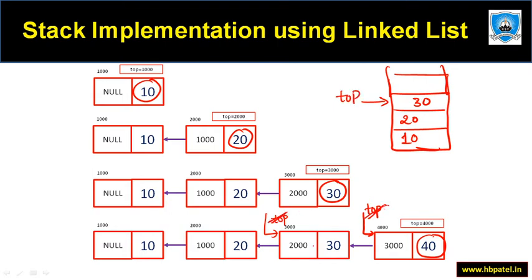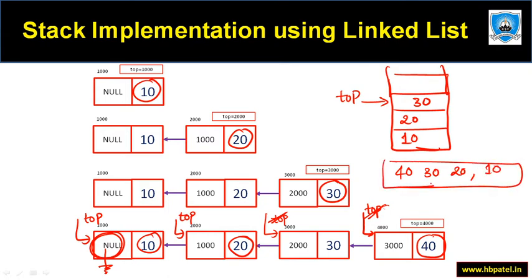Then I'll be printing 30, then I'll be moving top to the second, so I'll be getting 20, and lastly I'll be moving top to the last element, which is 10. And then because this is null, it will stop there. So this is my terminating condition. But meanwhile 40, 30, 20 and 10, these four different elements have been stored and have been printed in my output.